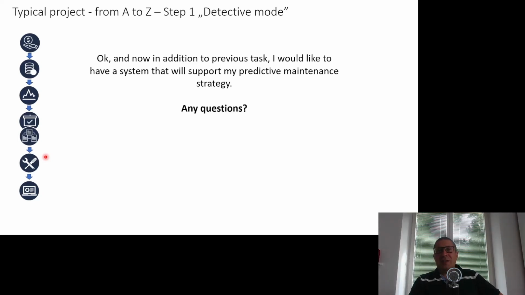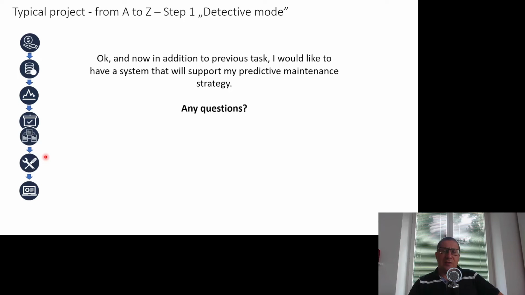Another question is, do we have a history of values related with this particular device? Usually we have. This is the good news. We can try to export it from some control system and play with this.